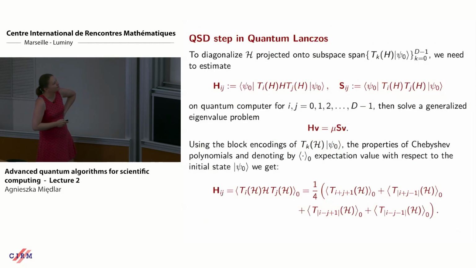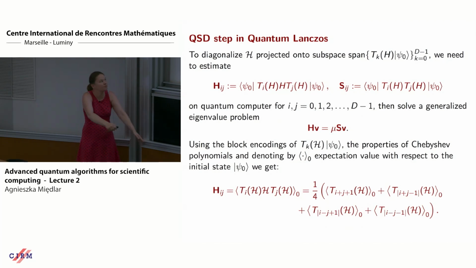All right, so to diagonalize, to bring this big problem into a small one, we have to be able to project onto the subspace, and the subspace is now defined using the Chebyshev polynomials. We know how to get it through qubitization.